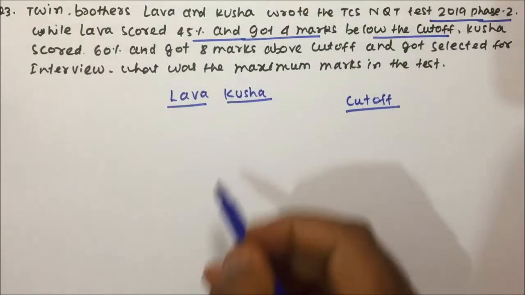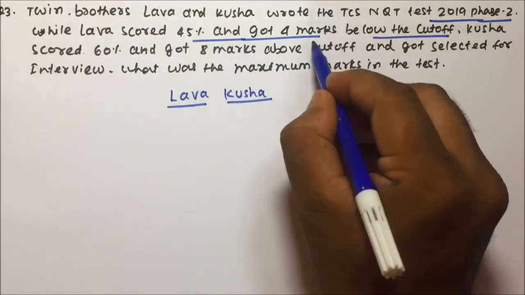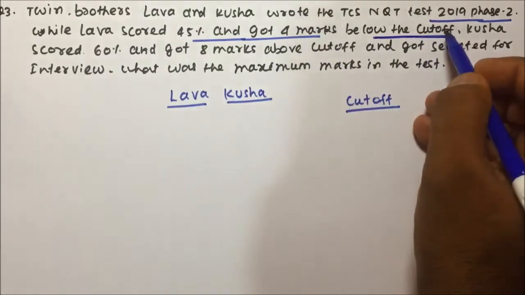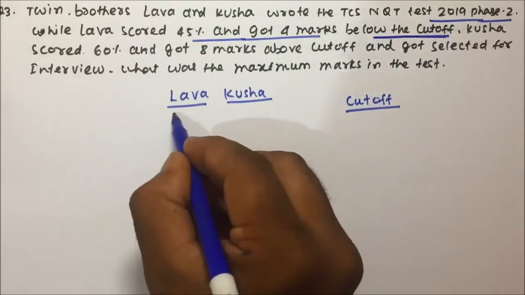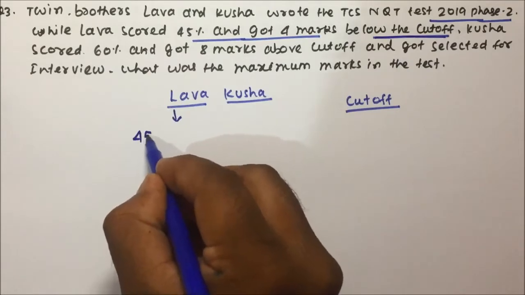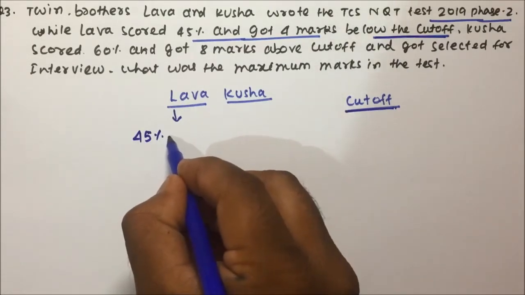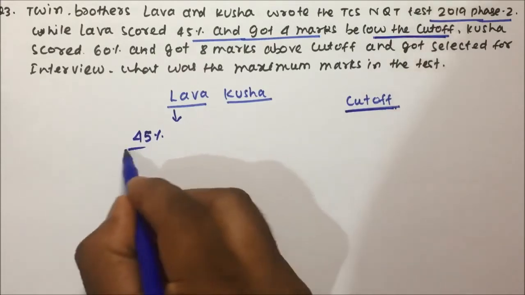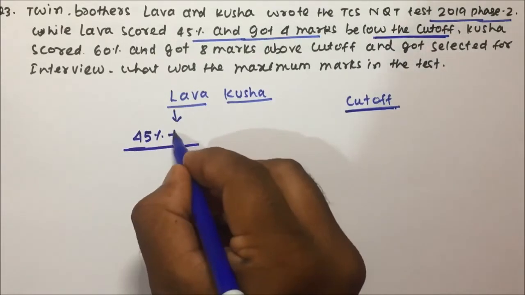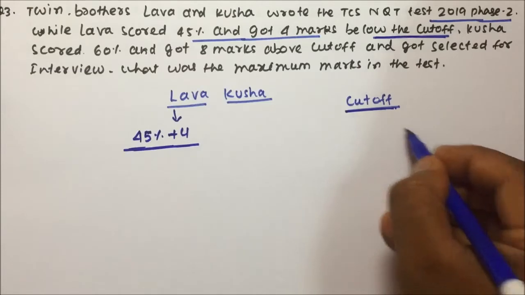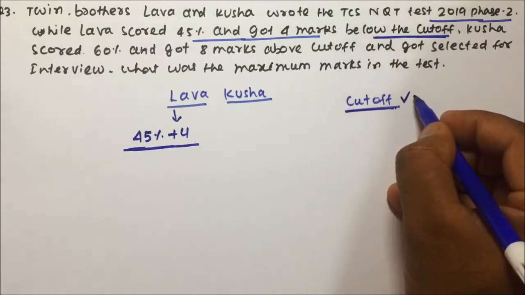See, Lava is scoring 45% and got 4 marks below the cutoff. That means Lava is not even able to pass, not even able to reach the cutoff, because he is getting 4 marks less. See, he is scoring 45%, but still 4 more marks are required to get the cutoff marks, to pass marks, right?